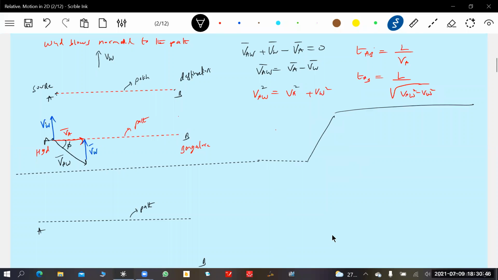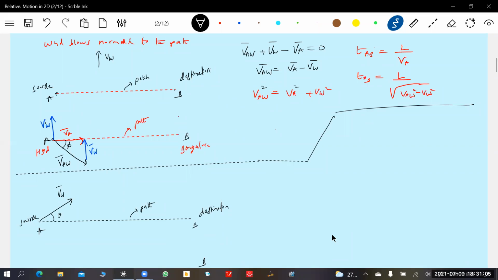Now the wind blows at a direction; let this angle be theta. There's a path, there's a source, there's a destination.